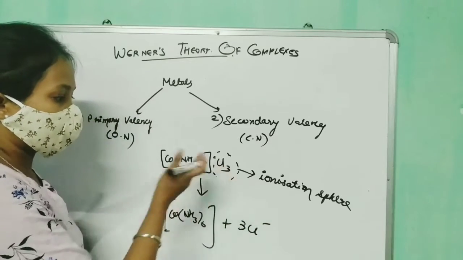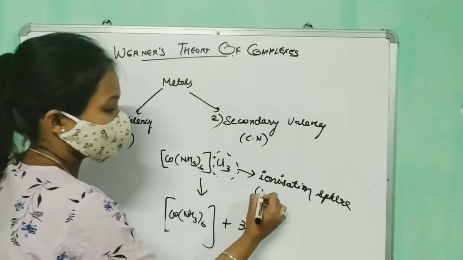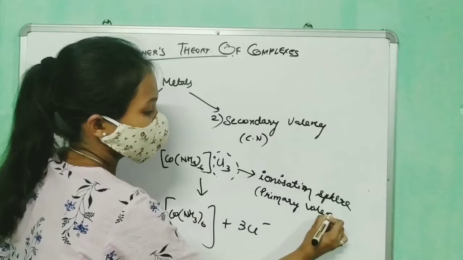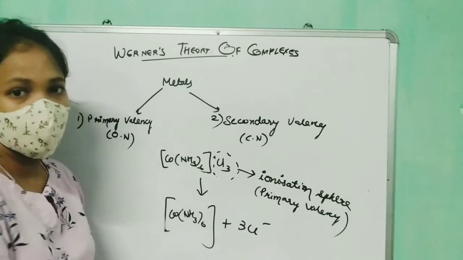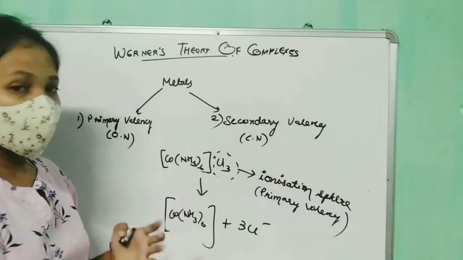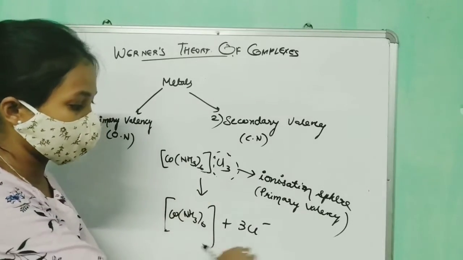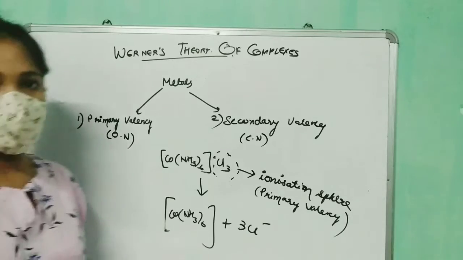Therefore these are your primary valency according to Werner. So primary valencies are ionizable, because the ones present outside the complex break into ions when we dissolve it in water.